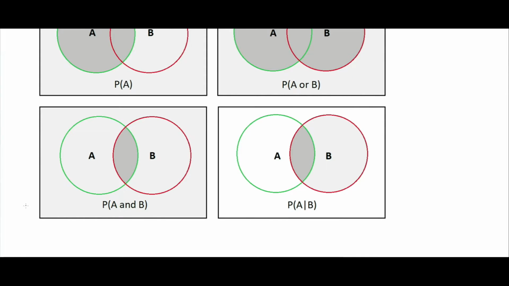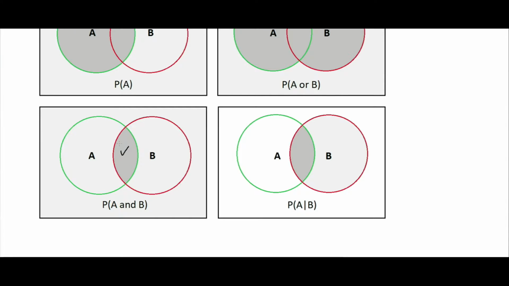Then, of course, we have the probability of A and B, which is just this part here in the middle, this sort of wedge here in the middle. So that part is sort of a proportion of everything inside the box.